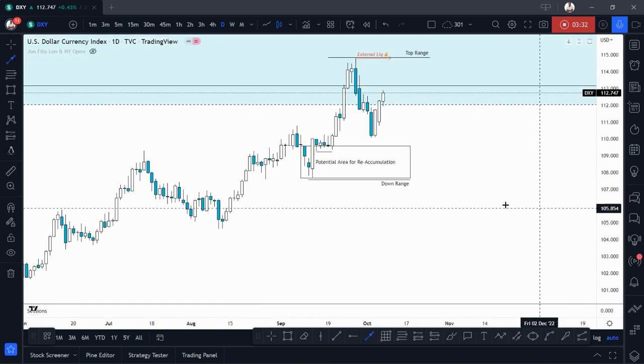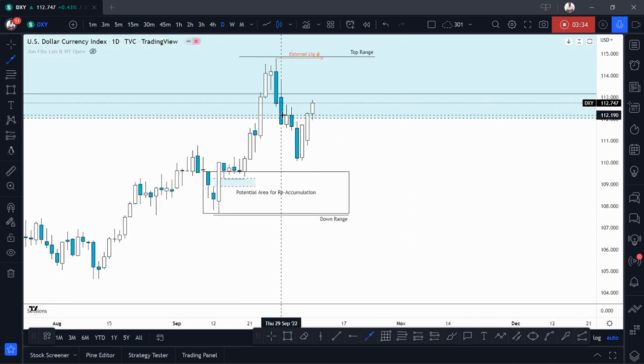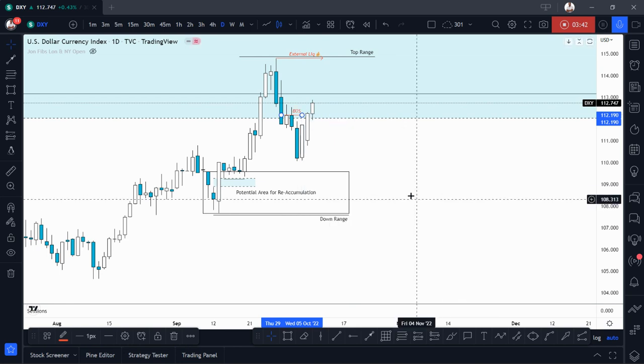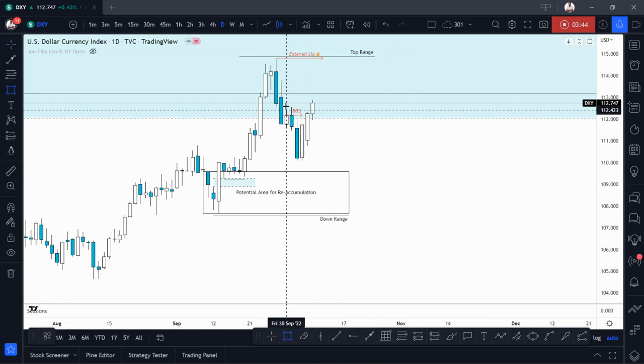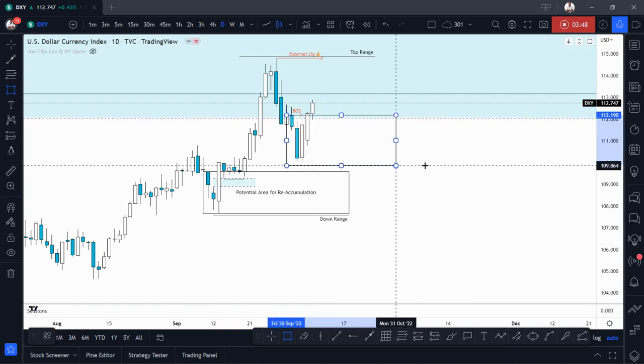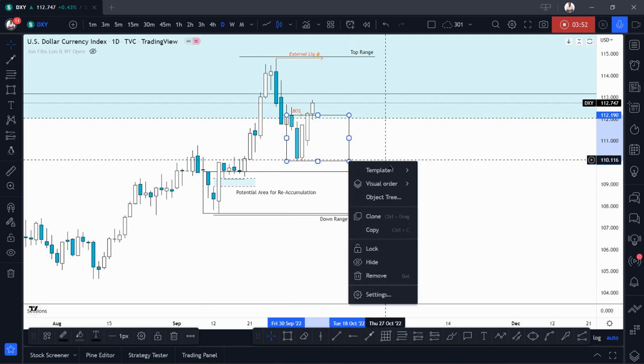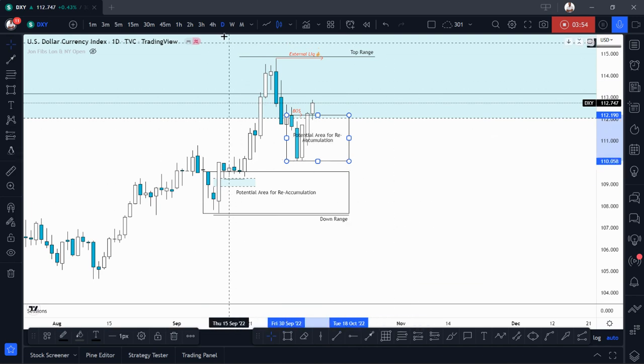I'll be expecting a revisit into that area. So broke the structure here. So I'll be expecting a revisit into this potential area for accumulation.